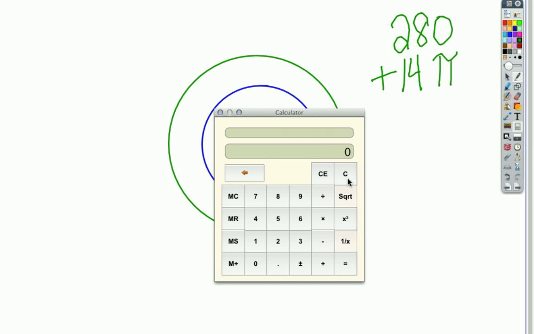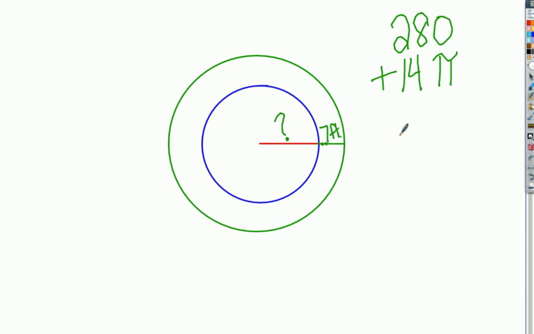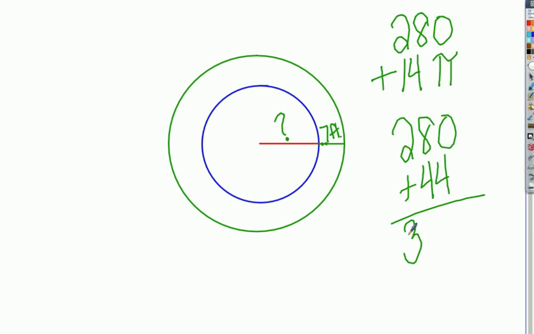Take out your calculator. 14 times 3.14 is about 44 feet. So we end up with 280 plus 44. 324 feet.